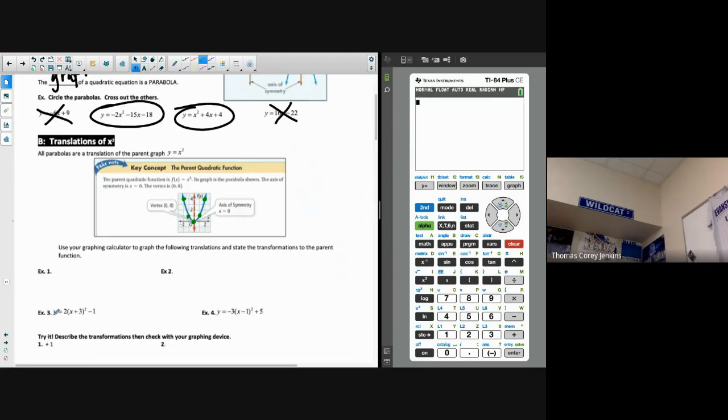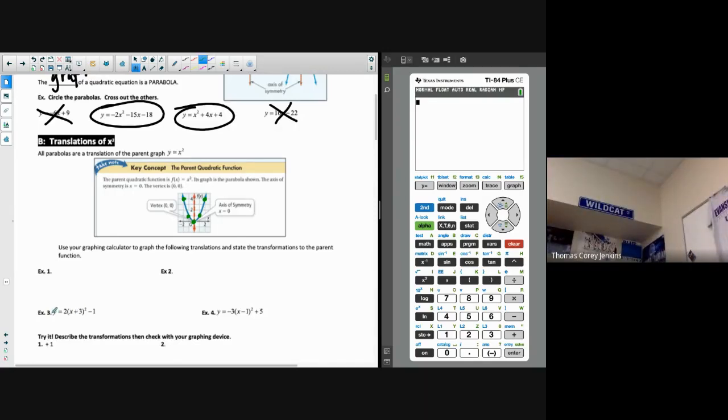Okay, so let's go ahead, and this one wants us to use our graphing calculator to graph these and then state the transformations to the parent function. Based on what we've done this year, you might be able to see these transformations without your graphing calculator.